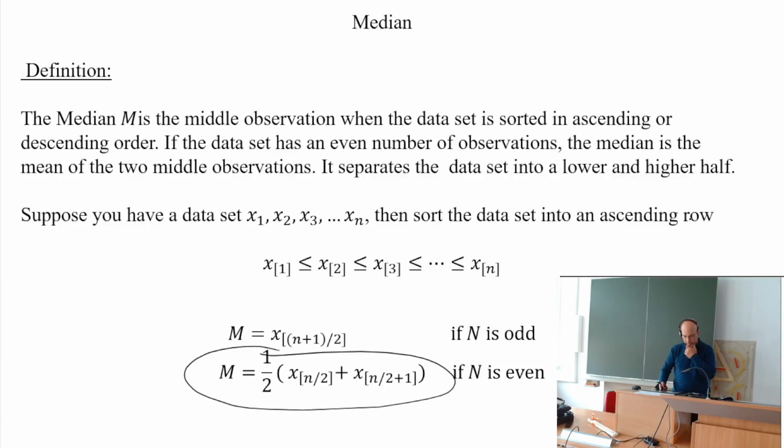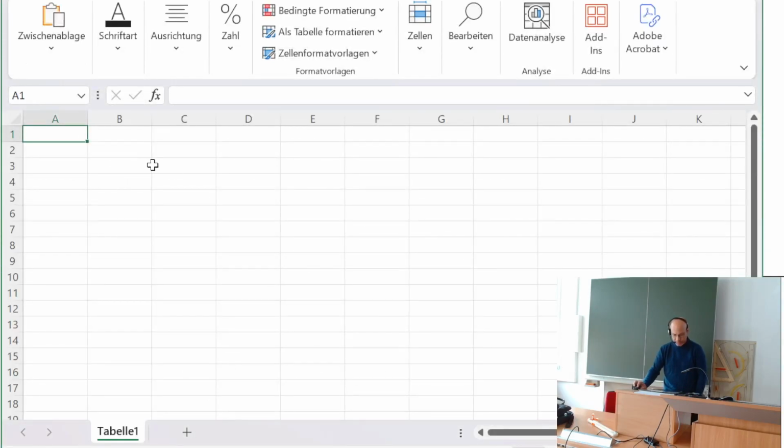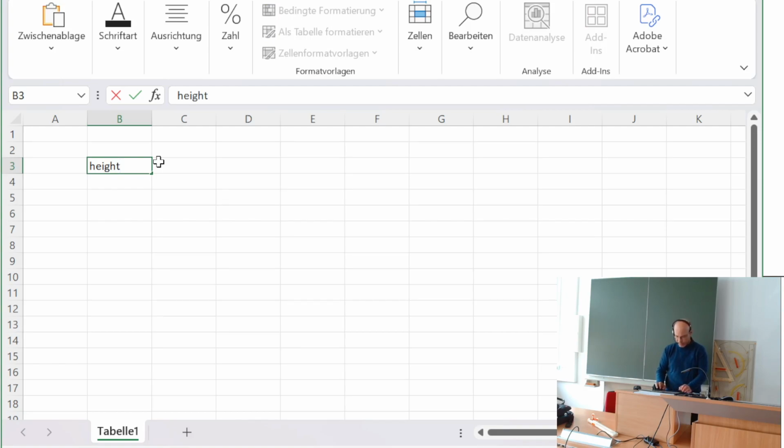Before I go on, so that we do not only talk about these numbers in an abstract way, let's take some distribution, and for this we take just the height of ourselves.